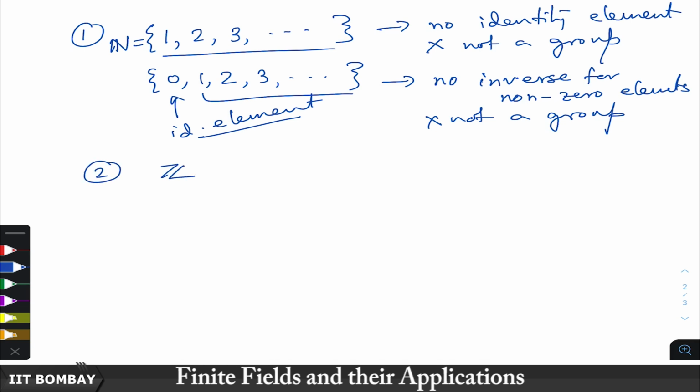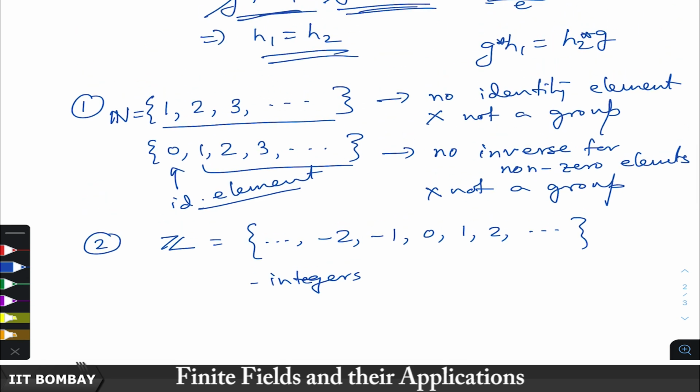But if you take Z, the set of integers which contains the negative numbers also, integers under addition. Okay. So, I am not writing the operation to be addition here, but when we say G star is a group, we simply write G is a group when the operation is obvious from the context.